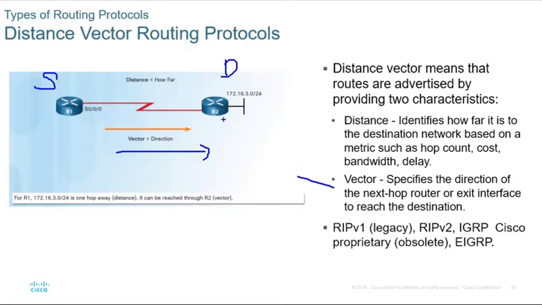If R2 sends a packet going to that network, they switch roles: R2 becomes the sender and R1 becomes the destination. We already discussed the principle of the next hop router and the exit interface, which is commonly used when you configure a static route.